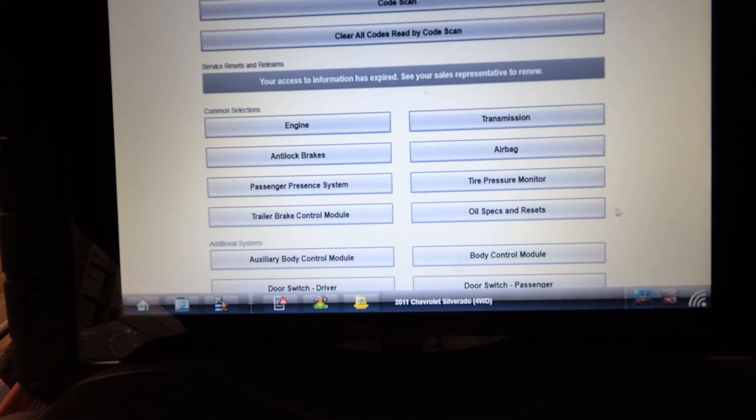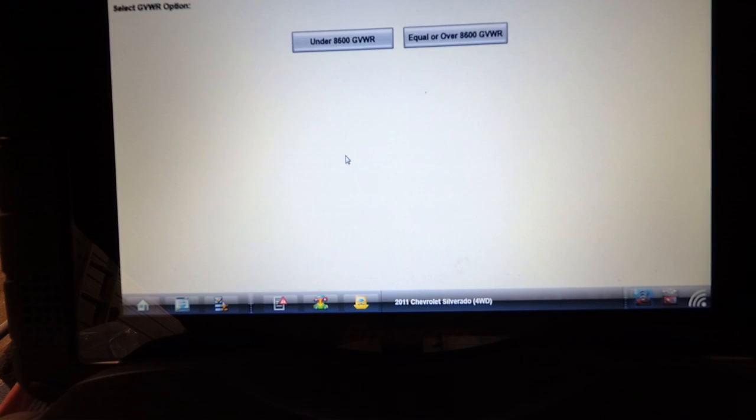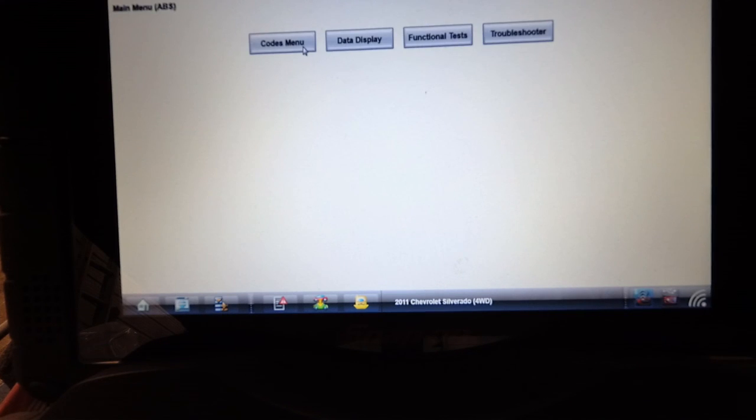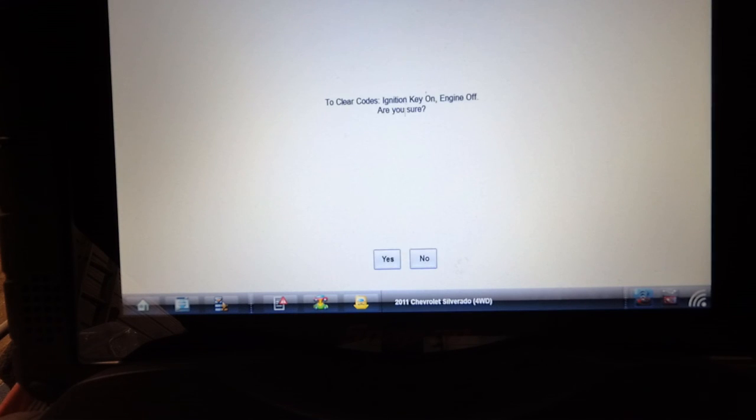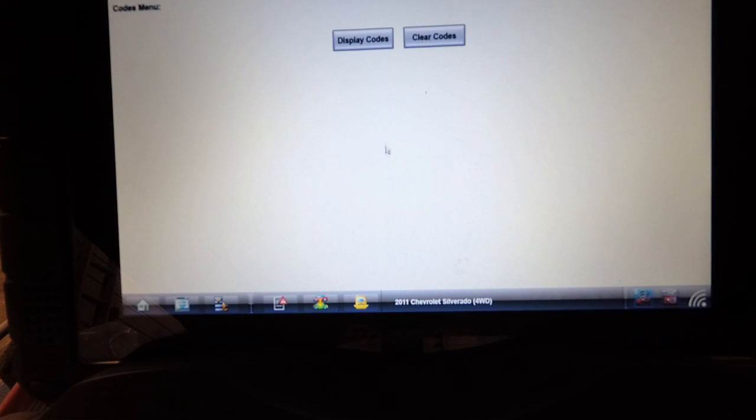Okay, so I'm going to clear the codes from this controller, the anti-lock brake computer, which has vehicle stability enhancement. Codes menu, clear codes, yes, and then go back and just make sure we don't have any codes.